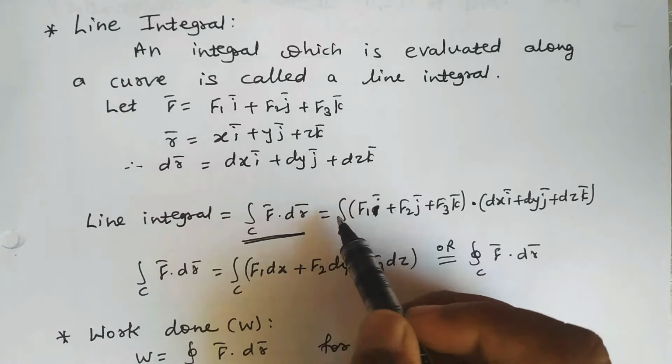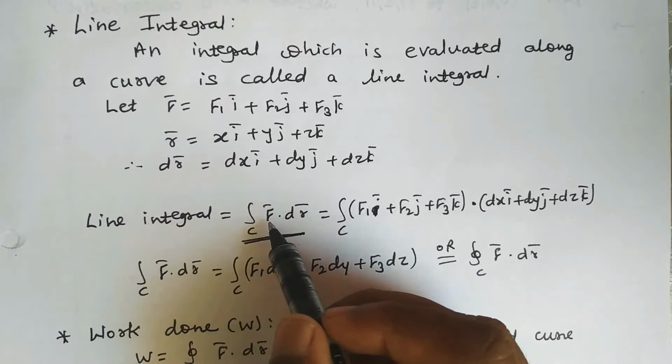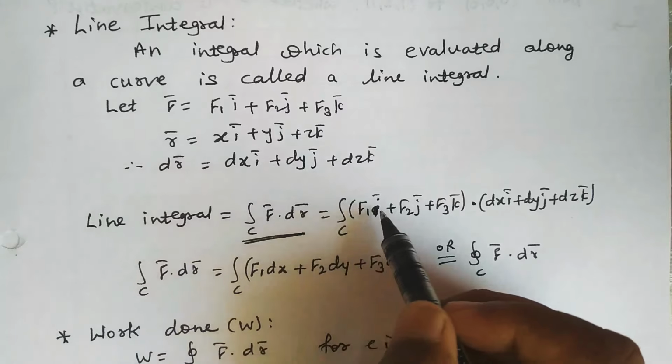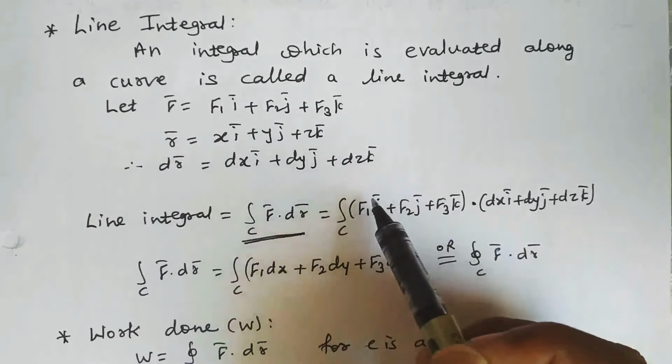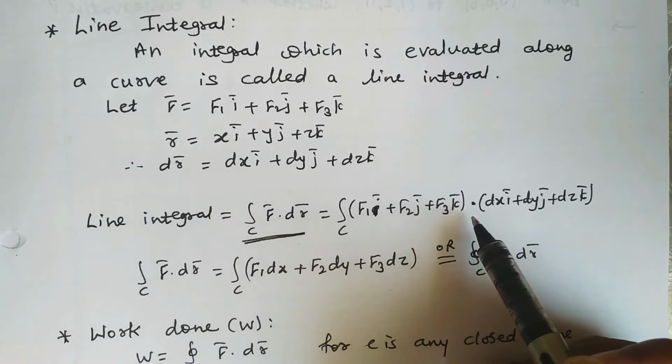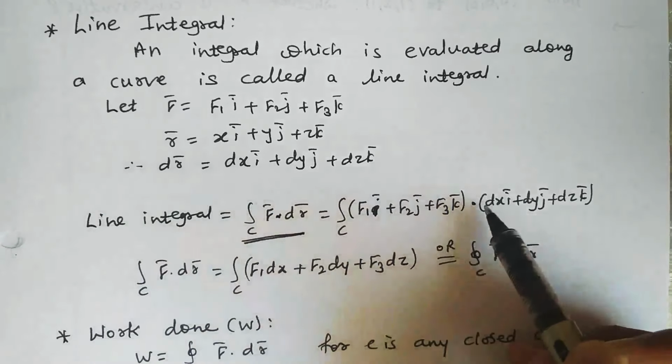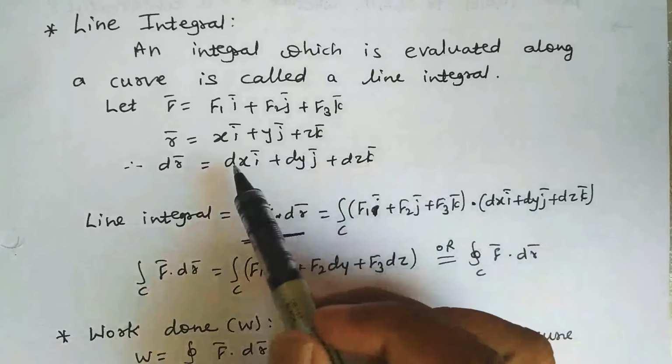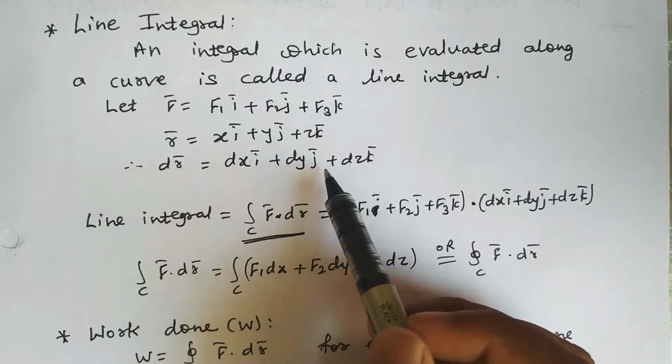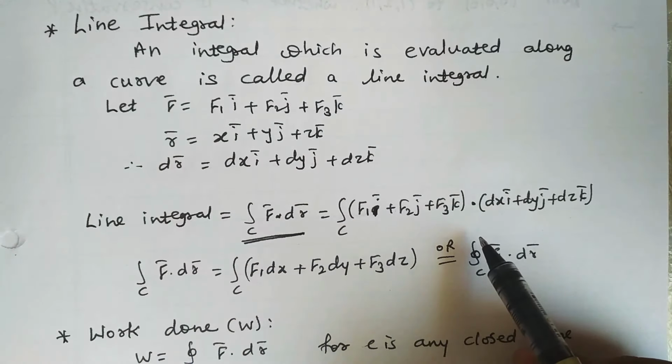This is equals to integration over C as it is, and f bar dot dr bar can be written as f bar is f1 i bar plus f2 j bar plus f3 k bar, this dot product with dr bar, value of dr bar is dx i bar plus dy j bar plus dz k bar.